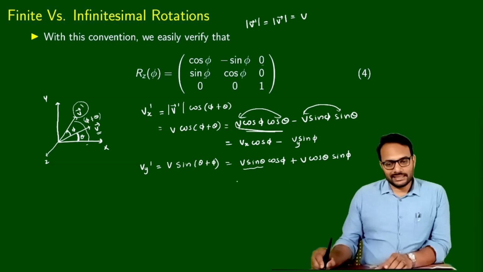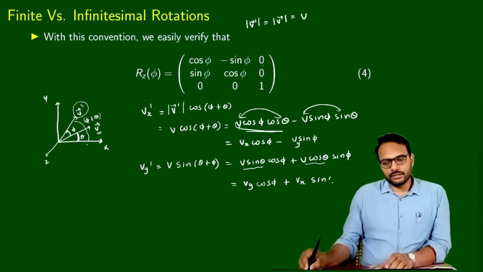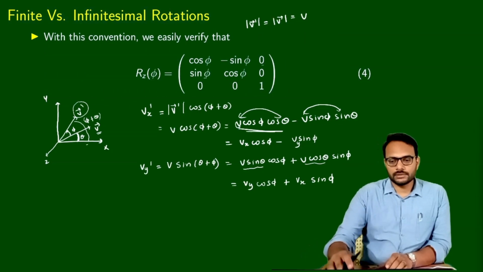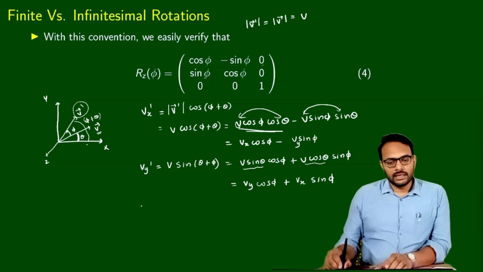Again, v sin theta here is vy. So this is vy cos phi plus v cos theta, which is vx, times sin phi. And vz prime itself remains unchanged. It's the same as vz.